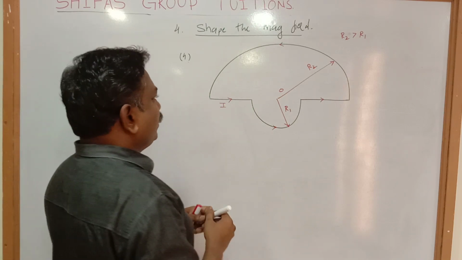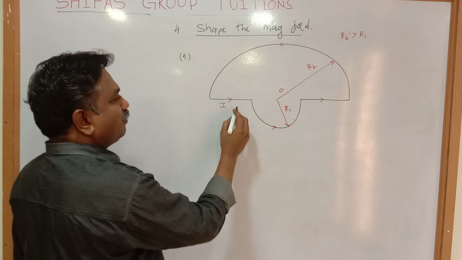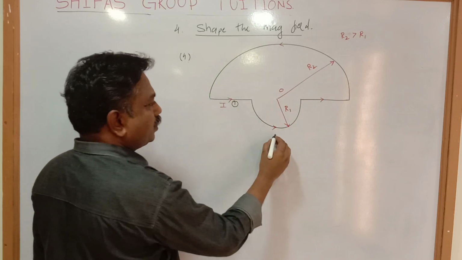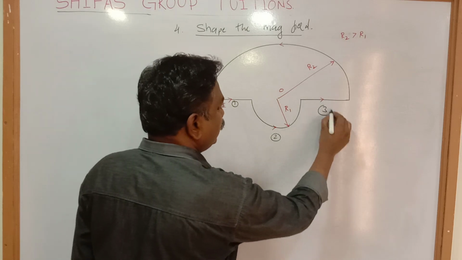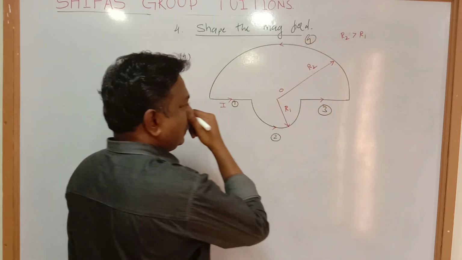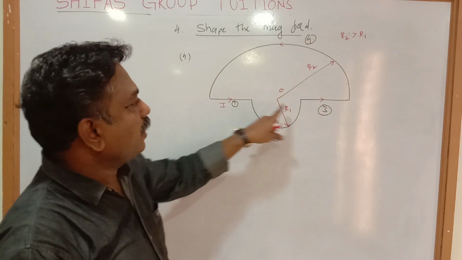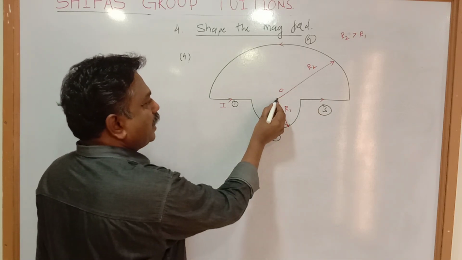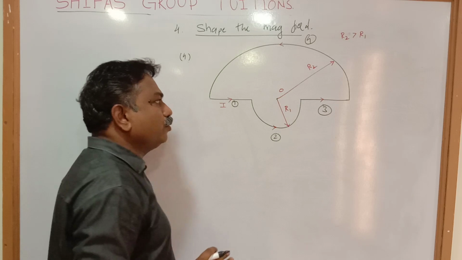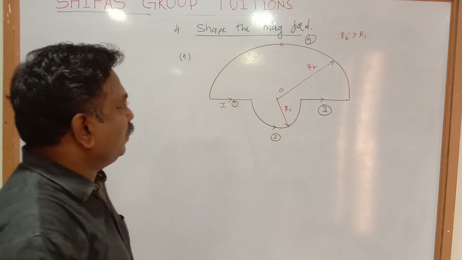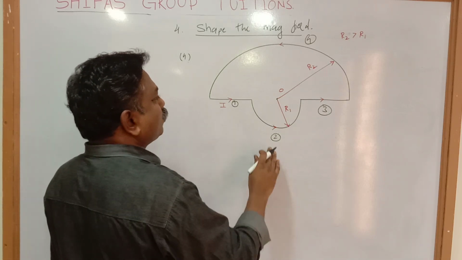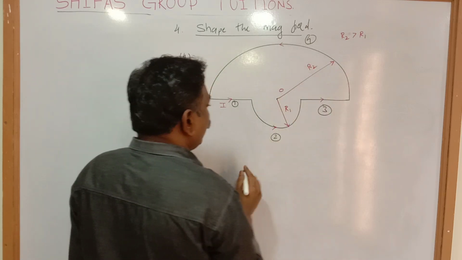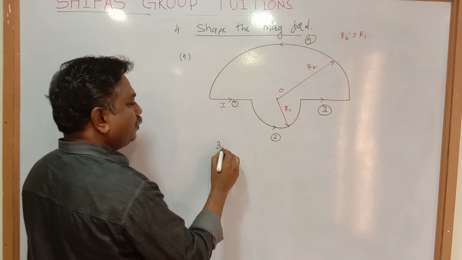Now again we will divide according to the rule. We will divide this entire shape into a number of parts: part number 1, part number 2, part number 3 and part number 4. From part number 1 and part number 4, as we have good knowledge, at point O they never produce any magnetic field. We only have to concentrate on part number 2 and part number 3. What would be the magnetic field B2?